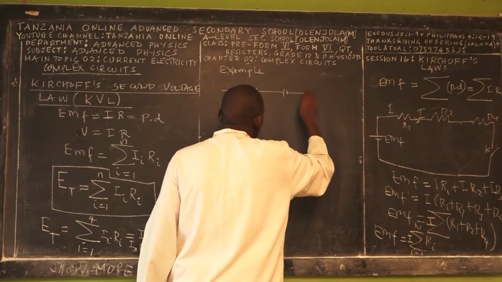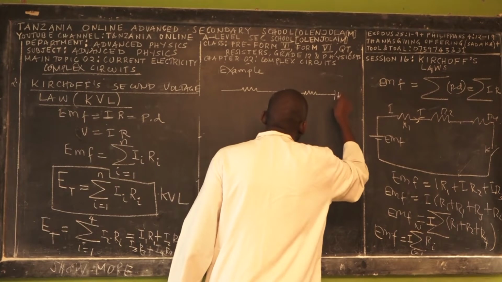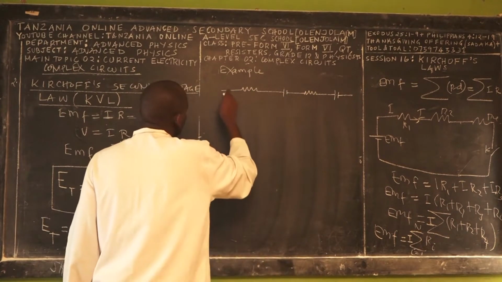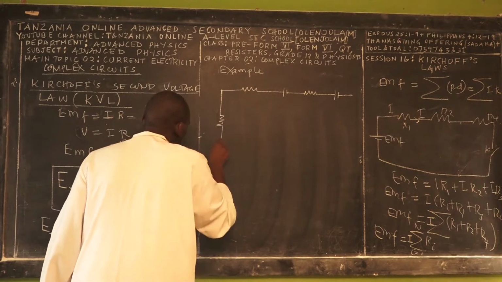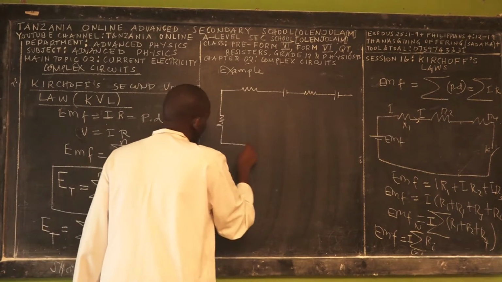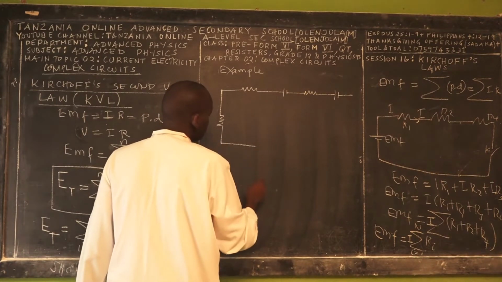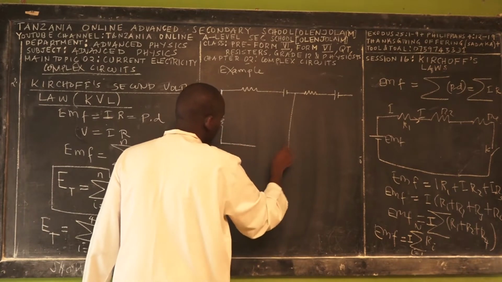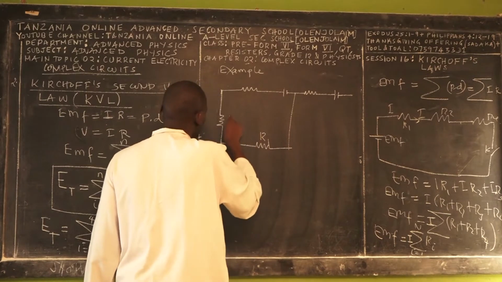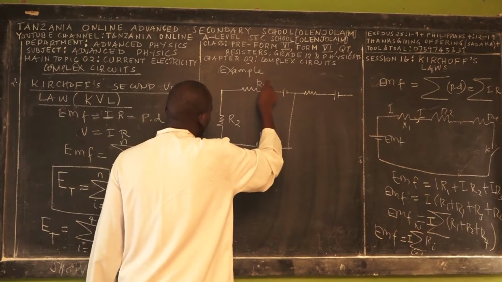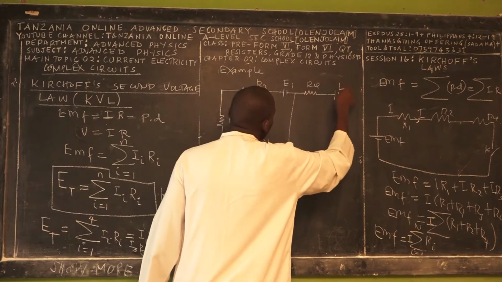So we have 2 dry cells, and here we have another resistor, and here we have another dry cell in this connection. Let's say this is R1, this is R2, this is R3, this is R4, this is E1, this is E2.